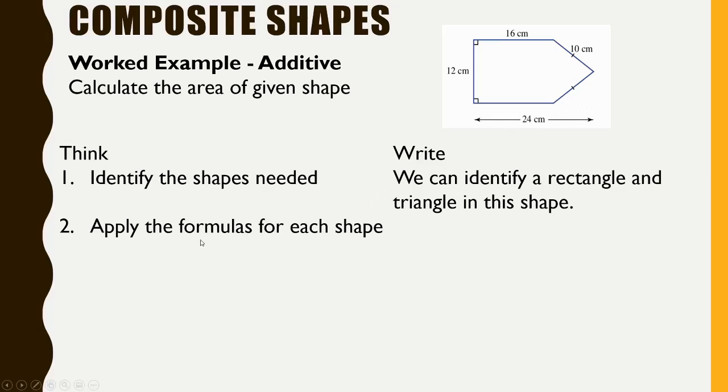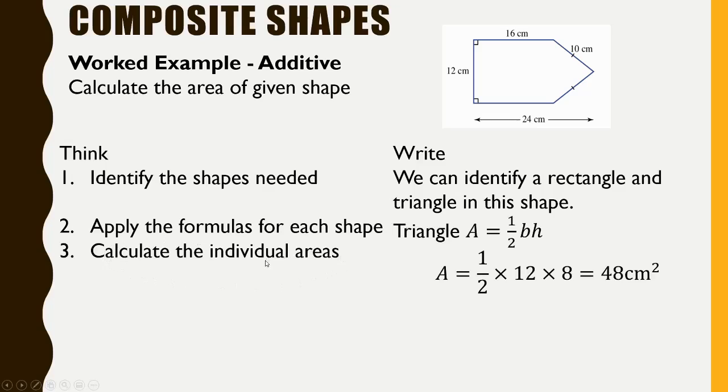So that's 8 centimeters to work out that height. So let's work out our formulas, and at the same time we're going to calculate the individual areas. Our triangle is area equals half base times height. As I said, our base here is 12, and our height, distance from there to there, is 8. We type that in our calculator, we get 48 centimeters squared.